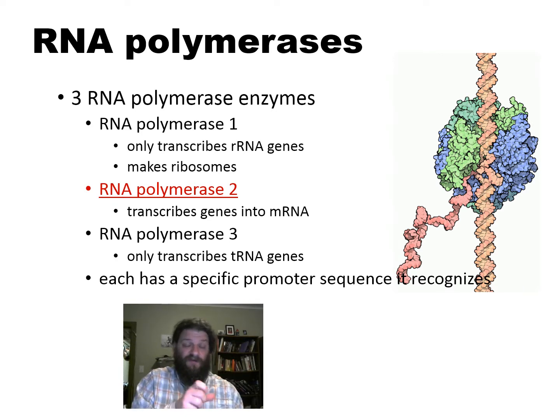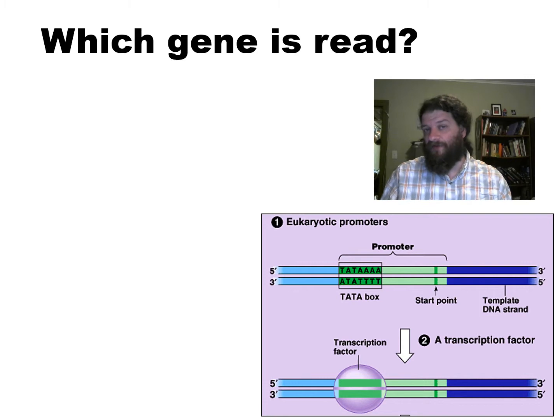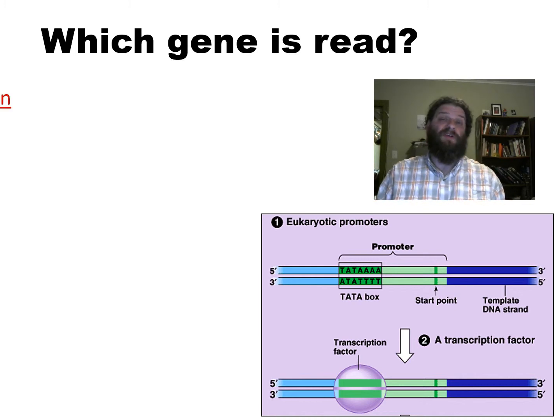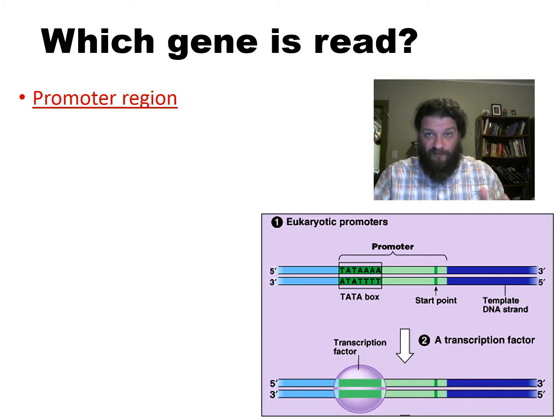These promoter sequences allow the different RNA polymerases to know whether it's an rRNA gene that needs to be transcribed or a tRNA gene or an mRNA gene. These are called promoters, and it's the first hint that we have here that genes are a lot more than just the sequence of bases that gets converted into a particular polypeptide.